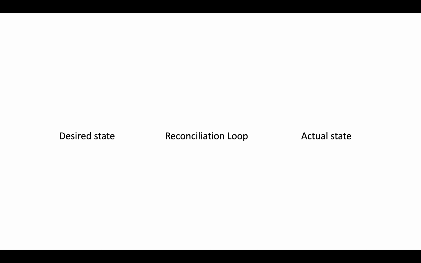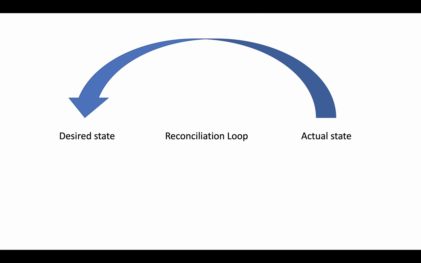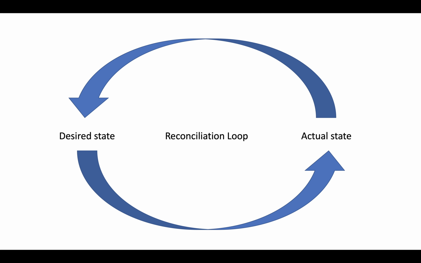Well, it's all about this, but I just really explained it already a little bit. It has to do with the fact that continuously there is software running in Kubernetes which looks at the actual state, then fetches a desired state, and then tries to match the actual state to the desired state.